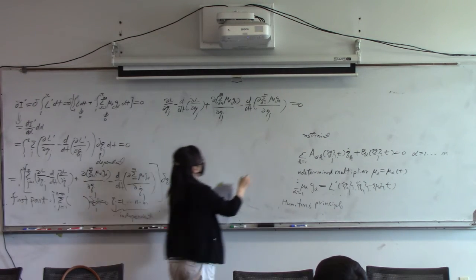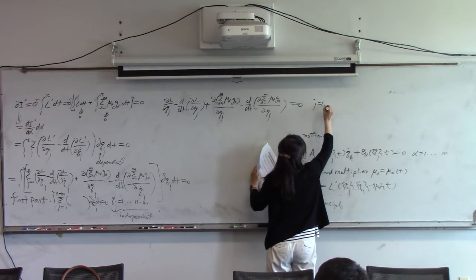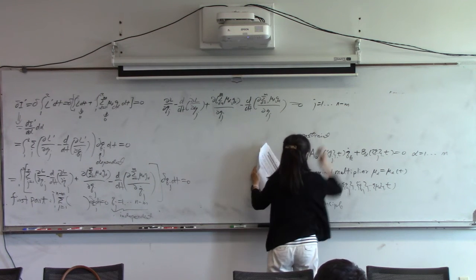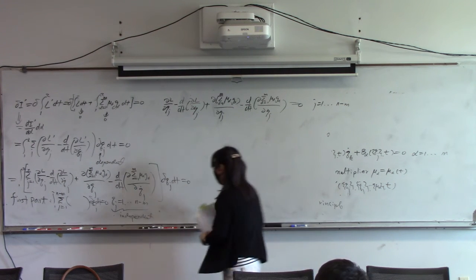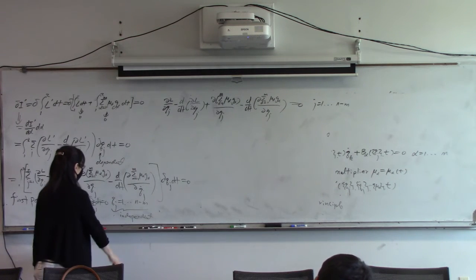That is the first part, j from 1 to n minus m. Yeah, that works since they're all independent, so the coefficient should be 0.